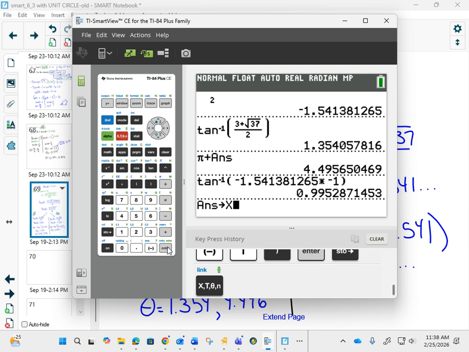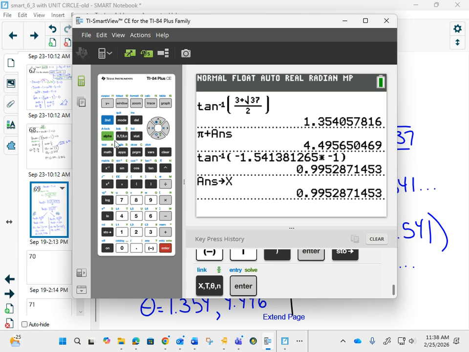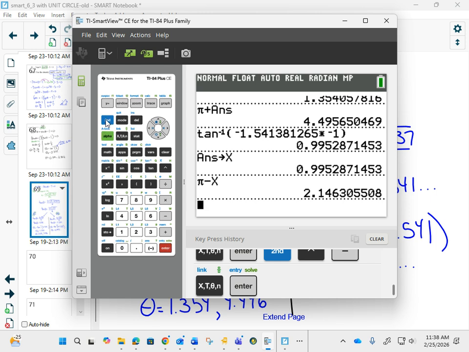So I can store my answer as X because now in quadrant 2, it'd be pi minus my reference angle, and I can just write pi minus X. Push enter. And in quadrant 4, it's going to be 2 pi minus my reference angle, so I can just write 2 pi minus X. It's a little bit quicker than going up and finding the answer that I had from before.